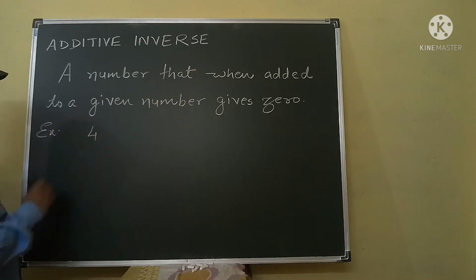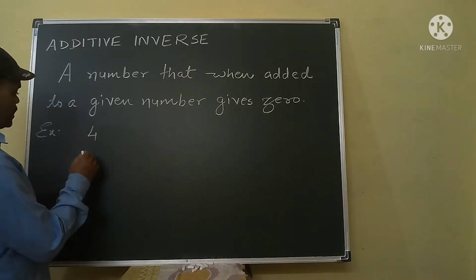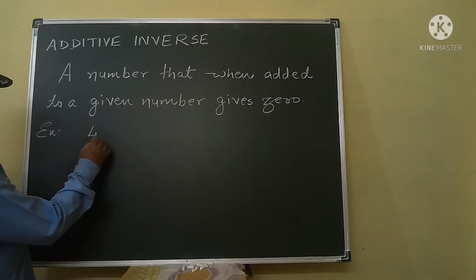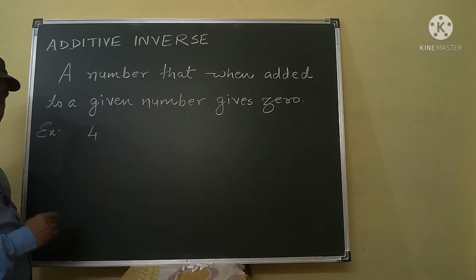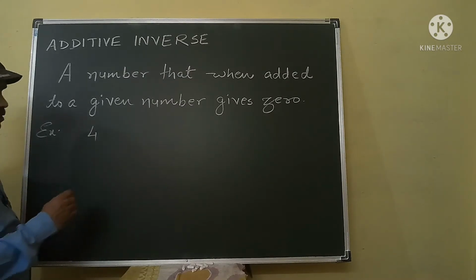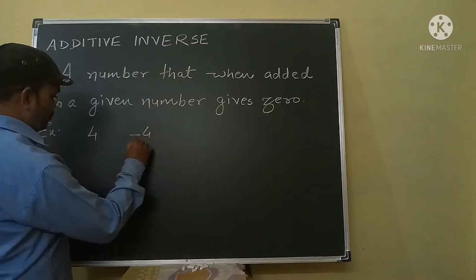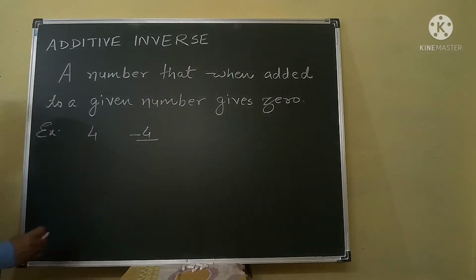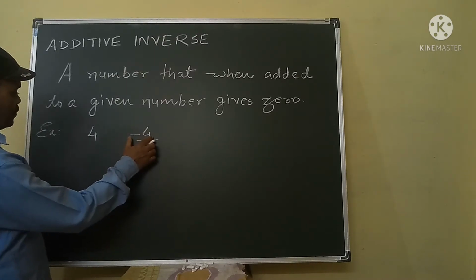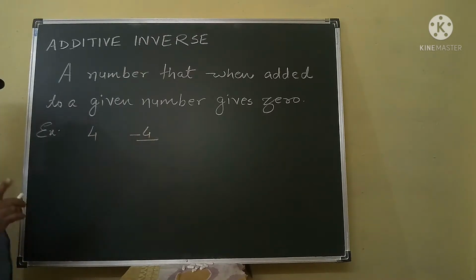You know very well, 4 is a positive integer, and the number to add is minus 4. If we add minus 4, then we will get 0.